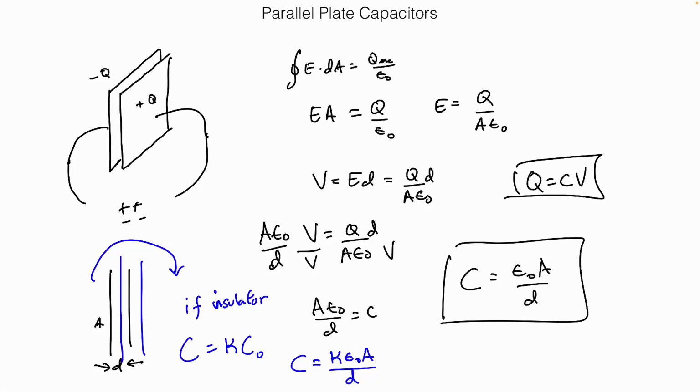Okay? But notice, is this an increase or a decrease in capacitance? Depends. Is the constant bigger than 1 or less than 1? The answer is for all insulators, kappa is bigger than 1. That constant right there, that kappa, is called the dielectric constant.